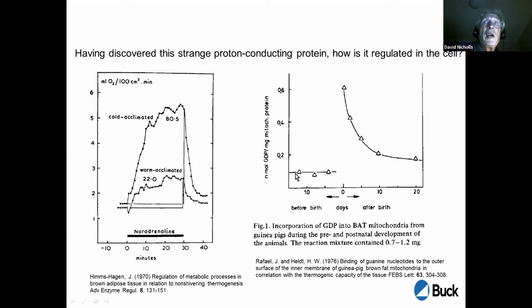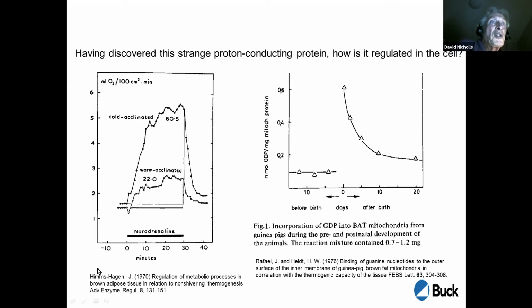And so at the moment of birth, there was a tremendous increase in GDP binding. And the GDP binding then decayed as the animals were grown and were reared in the warm. You could put them back into the cold again, and the GDP binding would reappear in parallel with the proton conductance.